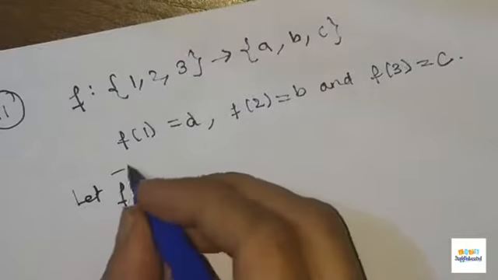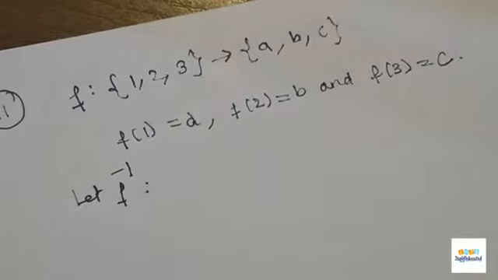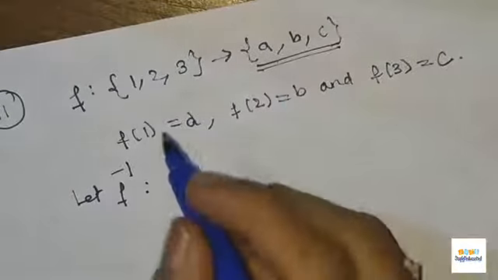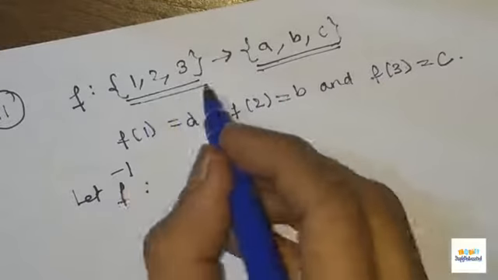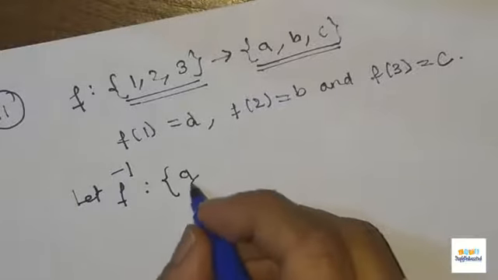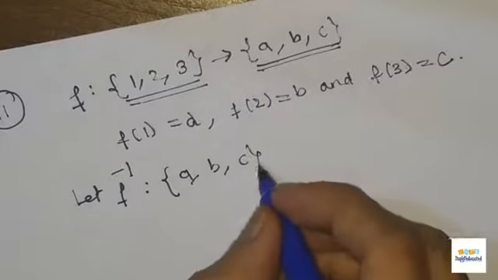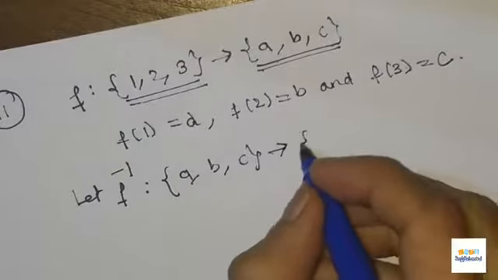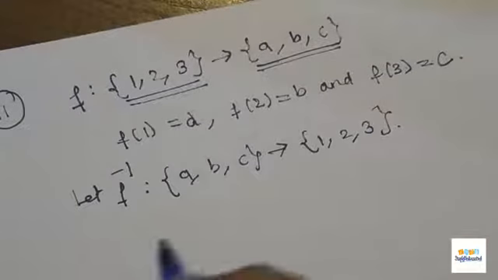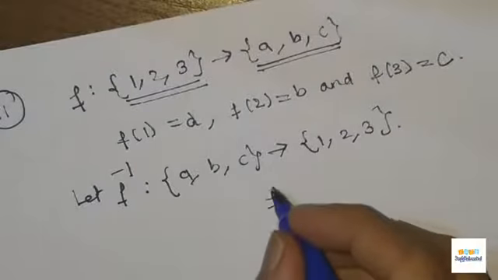So let f inverse, now you know surely that the function f inverse will be from the set {a, b, c} to the set {1, 2, 3}, right? Now we have to define the function f inverse.